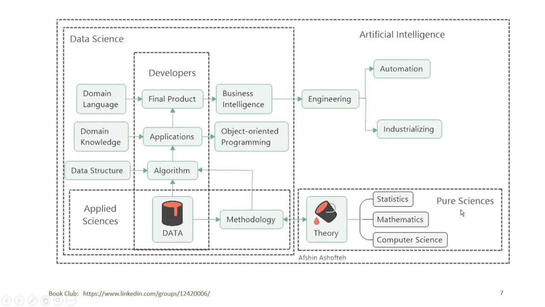Okay, so we start with pure sciences, then the applied sciences work on the theories and make some methodologies, and based on the methodologies, we have some algorithms. Basically, we see the algorithms. Everything that we are looking at in this data mining course is the algorithms. We don't focus on the methodologies and also the theories. And because of that, you see that the professor said that this is very pure, so we are not going to do math, okay?